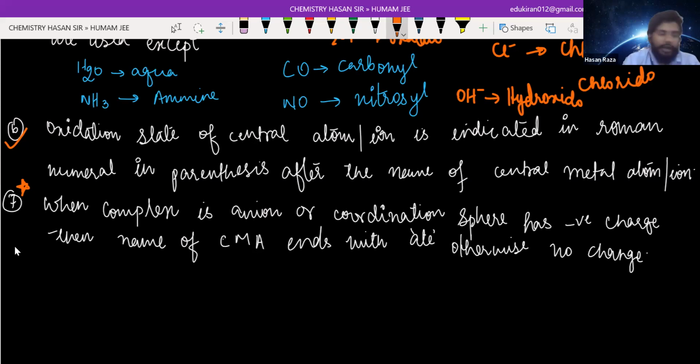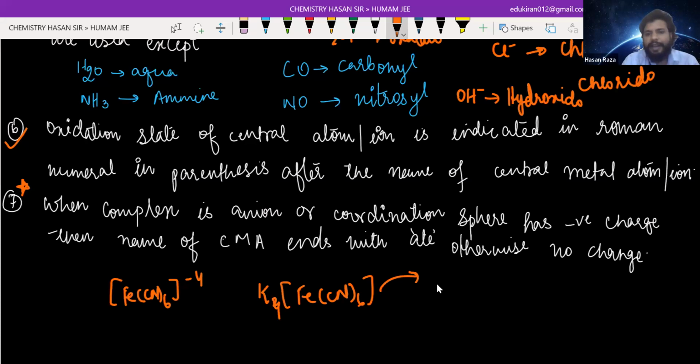Now, how will you recognize a complex anion? Very simple. Either it will be directly given, like [Fe(CN)6] raised to the power minus 2, or if any positive counter ion is there, that means it is an anionic complex.